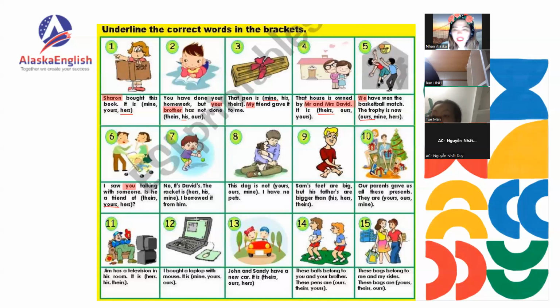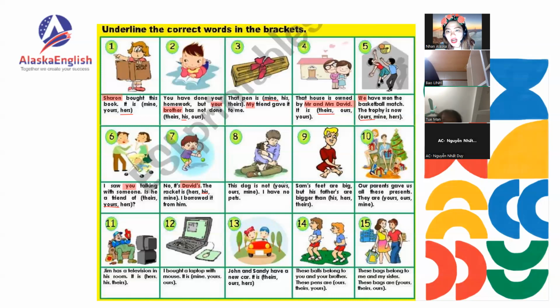Because a while ago I allowed Baoling to answer twice. How about you? No, it's the David's. The racket is his. I borrowed it from him.